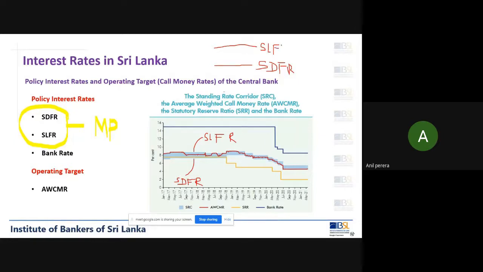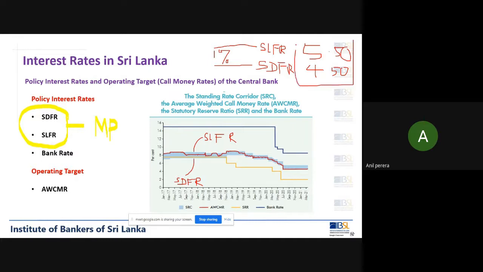And I told you these are actually exam questions. The rates and the levels of rates. For example, SDFR currently 4.15, SLFR currently 5.5%, right? So there is a 1% gap between these two rates.